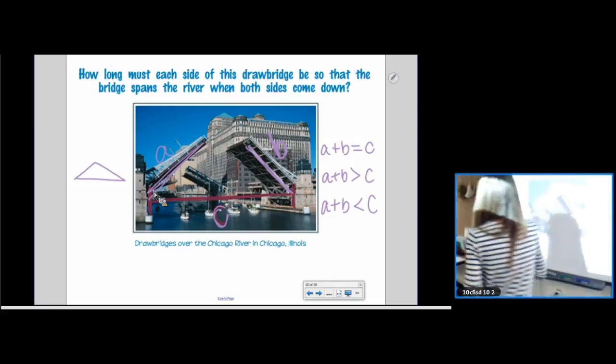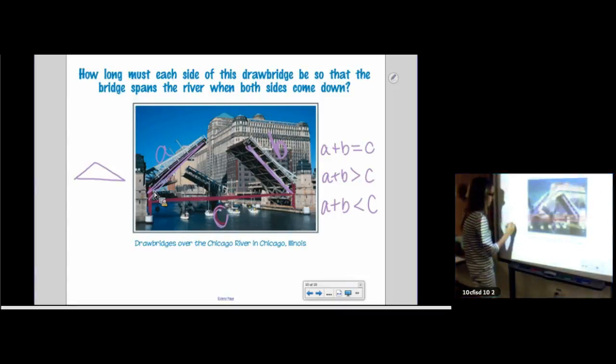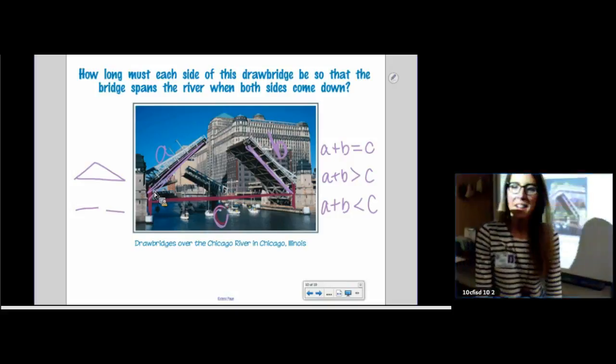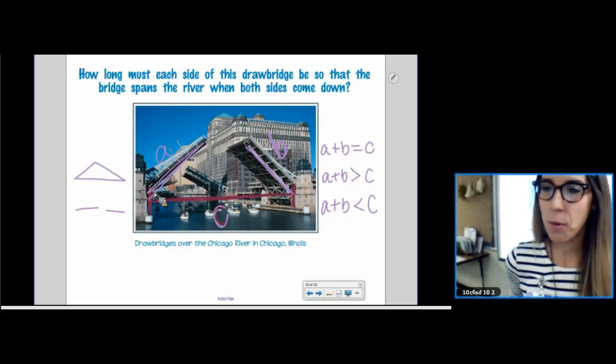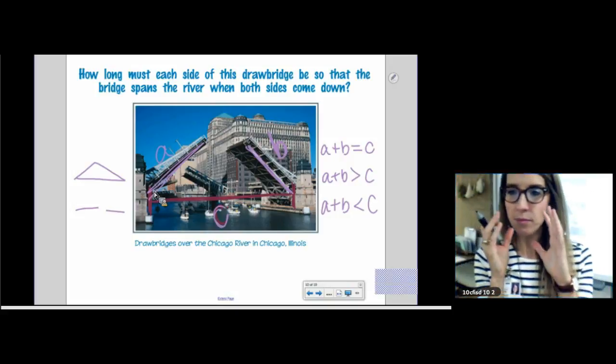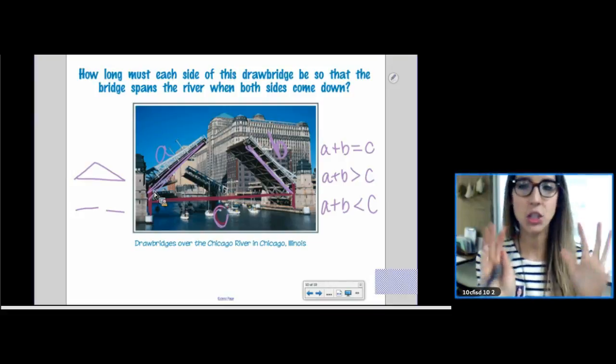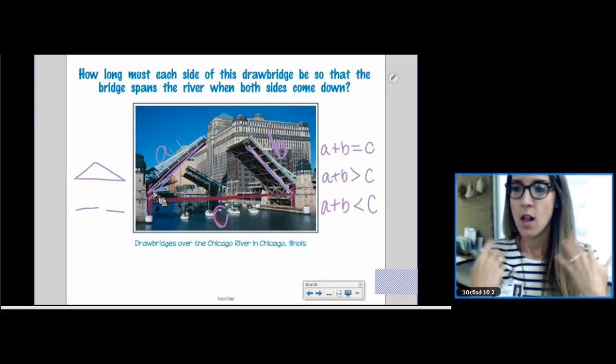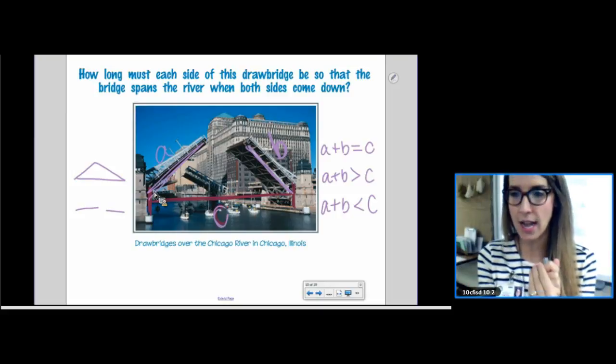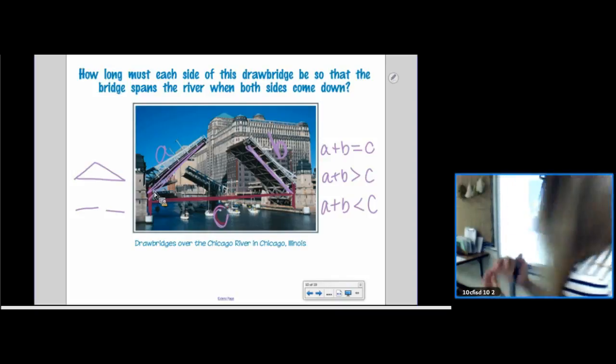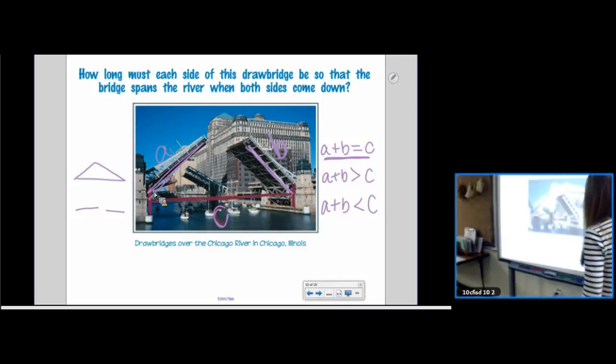But if the gap was large enough, then there could be cars falling into the river. We don't want that. So what's important to understand is that when we add two of the sides of a triangle, what do you think needs to be true compared to the third side? If we want to make a triangle, since we're in the triangle unit, which one of these created a triangle?